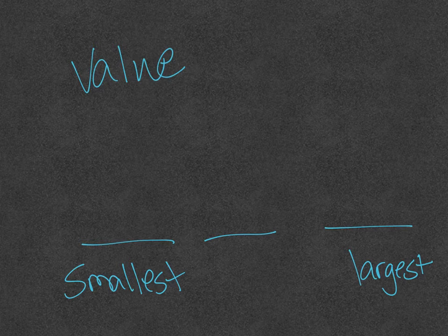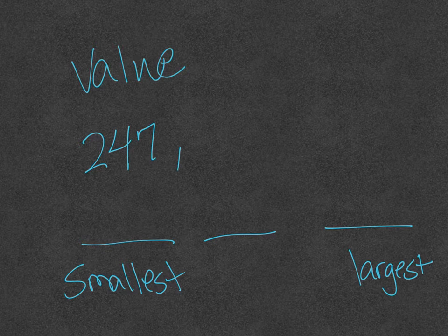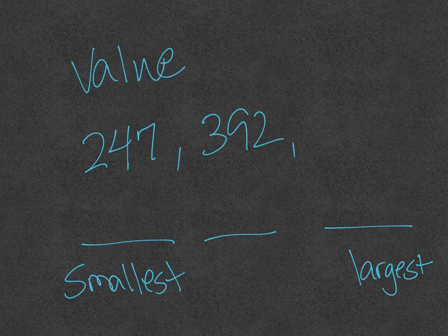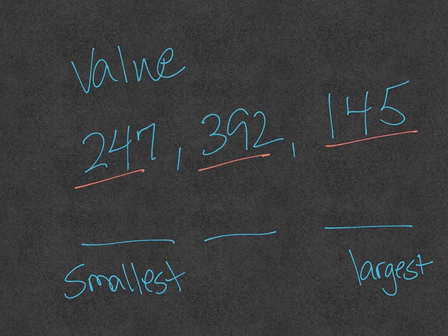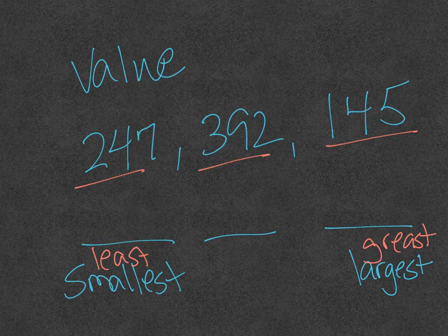So we're going to be using three different numbers, like a number like 247 and 392 and 145. And we have to figure out the value of each of these numbers. We're going to figure out the value of each number in its own place values and determine where it goes on our line from smallest to largest, or least to greatest. So we are going to work with some numbers and determine those things as we move forward.